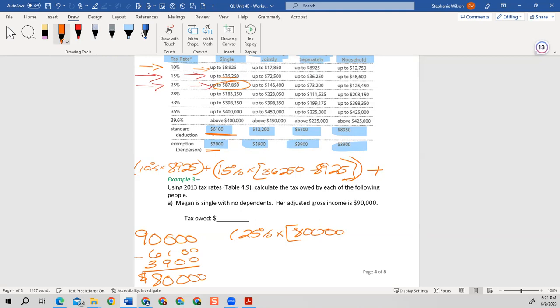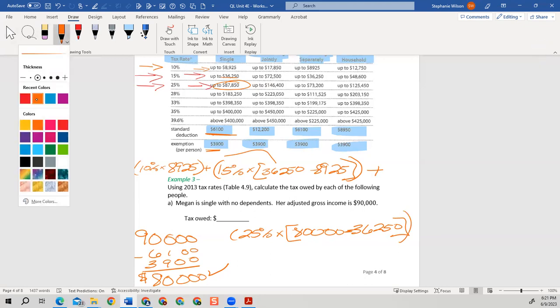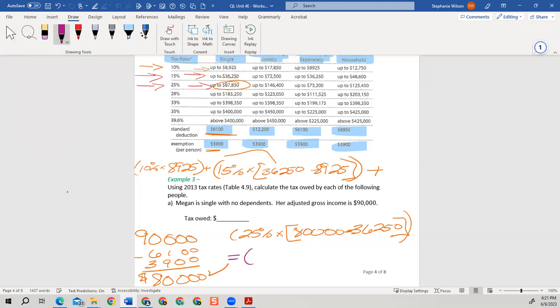So we're going to write the 80,000 that we calculated here, but we're going to subtract that 36,250 because that was taxed at 15%. So now, let me change this out. Now let's rewrite this. I'm going to rewrite 10% as 0.1, and we're going to multiply that by 8,925.